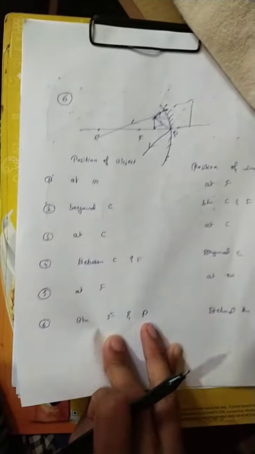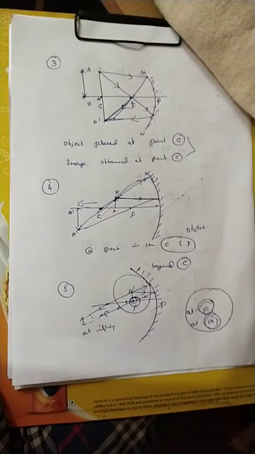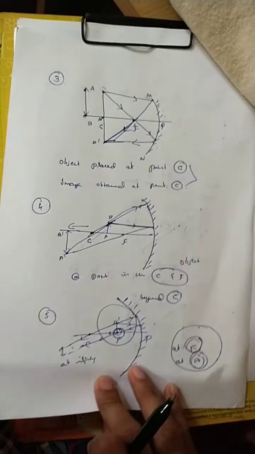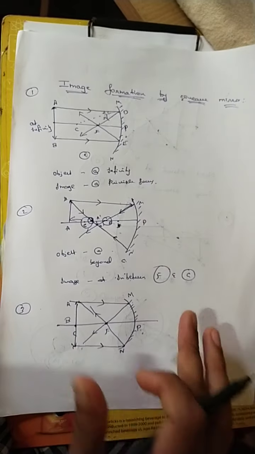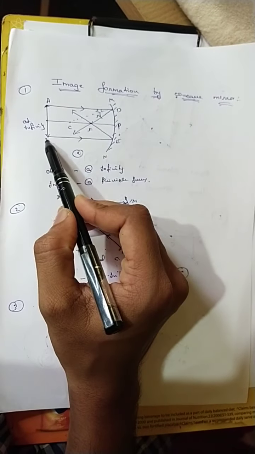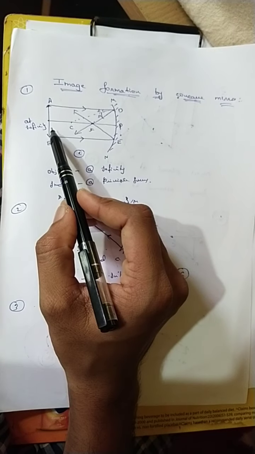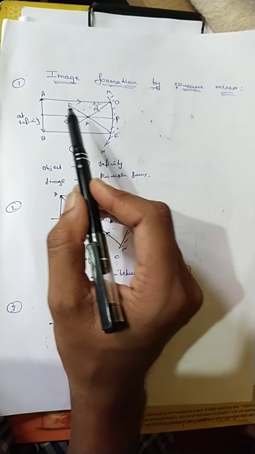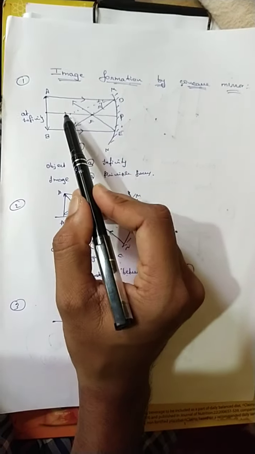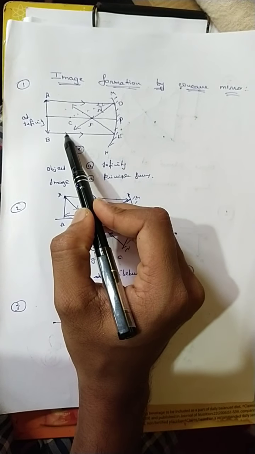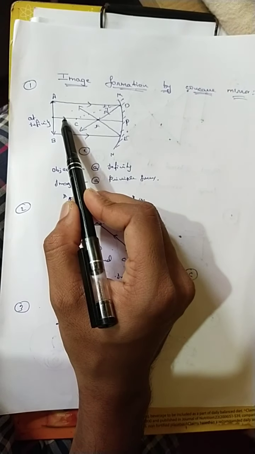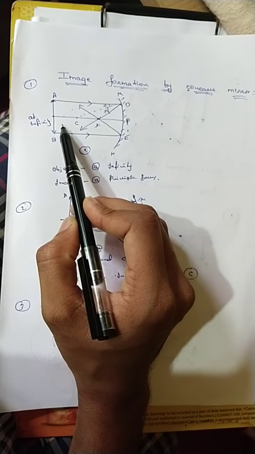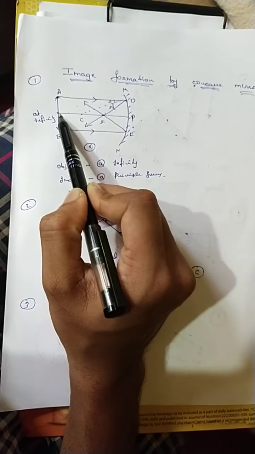Now again, in the first diagram, the position of the object is at infinity, the image at F, and the nature of the image is real and inverted. It is real and inverted.